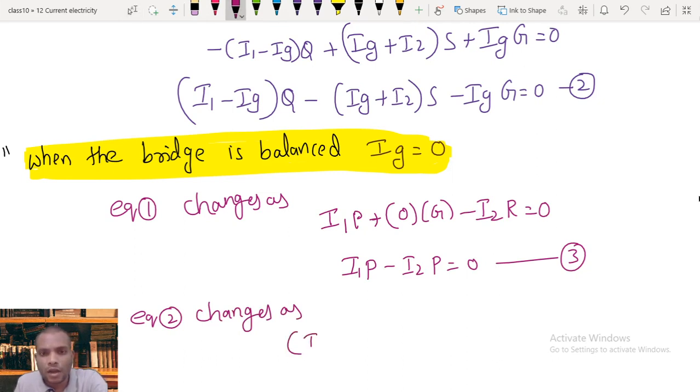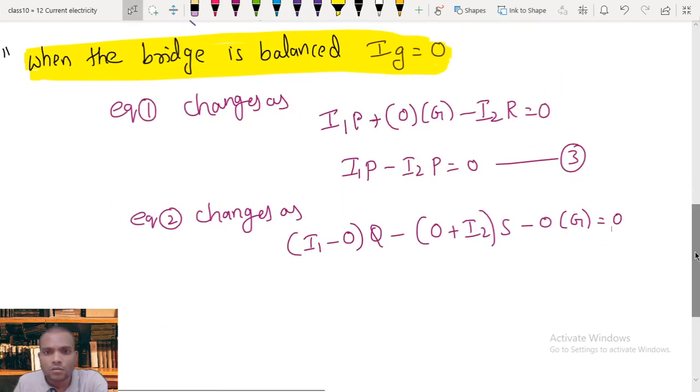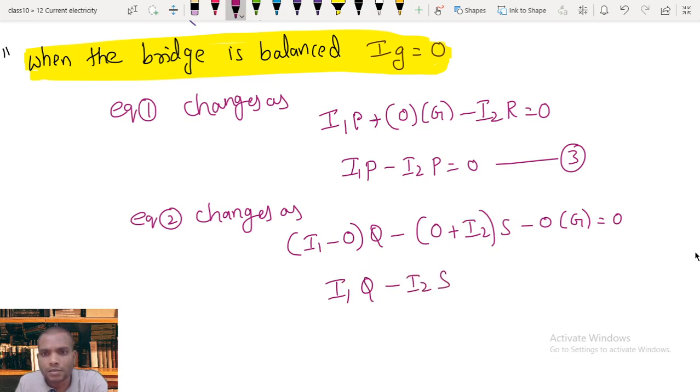Therefore I1 minus 0 times Q minus 0 plus I2 times S minus 0 times G equal to 0. Now this expression changes to I1 times Q minus I2 times S, which is equal to 0. Let me consider this as equation 4.